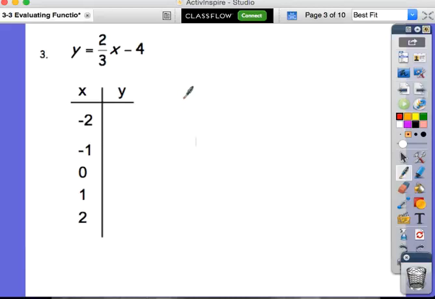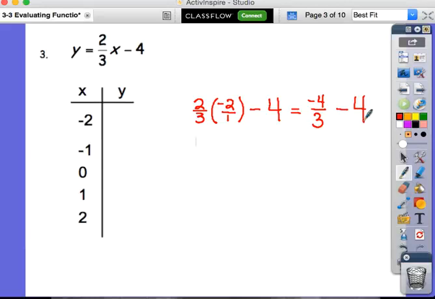So remember these x values are our input, so we're going to plug in -2 first. So we're going to have 2/3 times -2, which I would put -2 over 1, minus 4. Okay, so let's simplify that. 2 times -2 in the numerator would be -4 over 3, and then we have a -4 still.